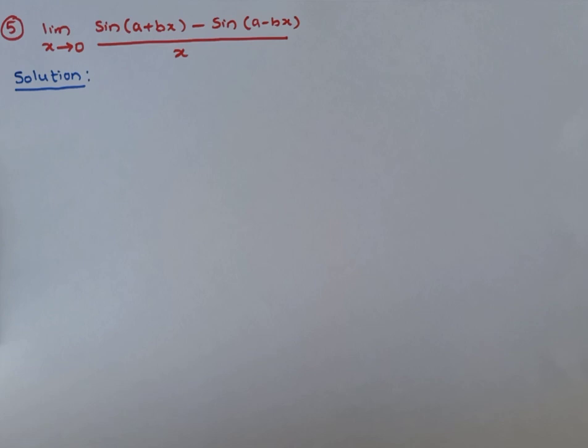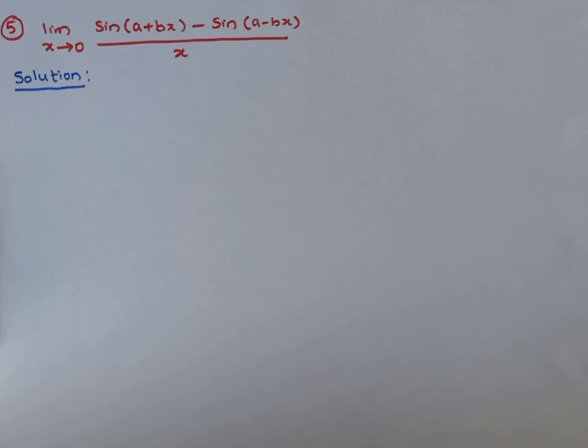Now the fifth problem. Limit x tends to 0, sine of a plus bx minus sine of a minus bx whole divided by x. As x goes to 0, the denominator is 0, so we need to factorize. In the numerator it contains trigonometric ratios, so we cannot factorize them.